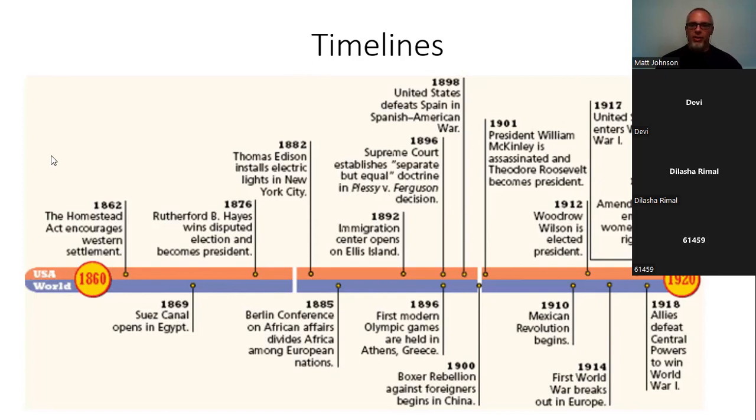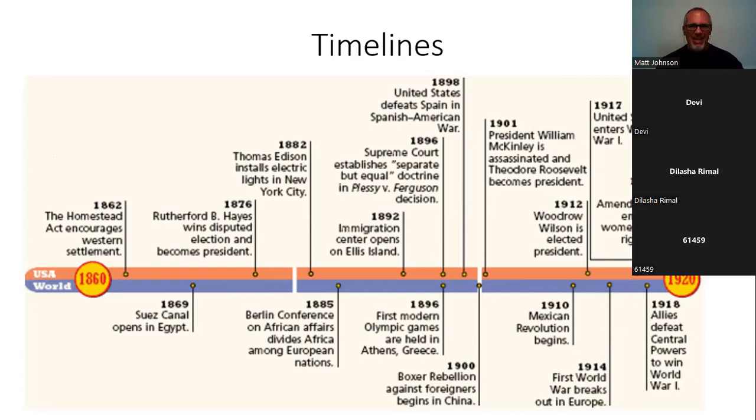The only thing you have to be careful with is the detail. You have events going on at the top, and you have events going on at the bottom. So if they ask you a question, you have to make sure that you're getting the immediate event before that, and not one that might be on the same side of the timeline.